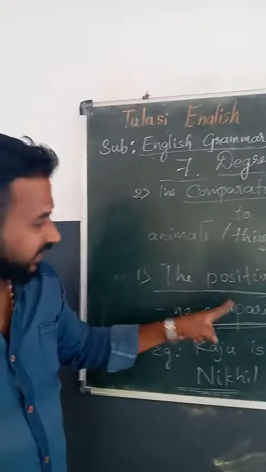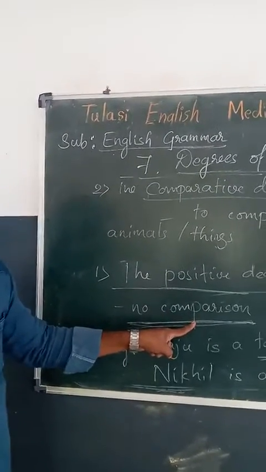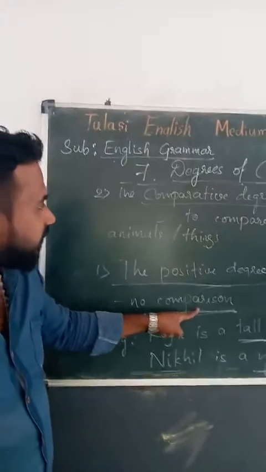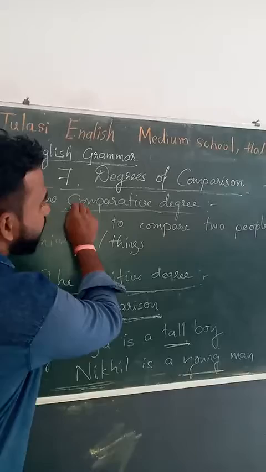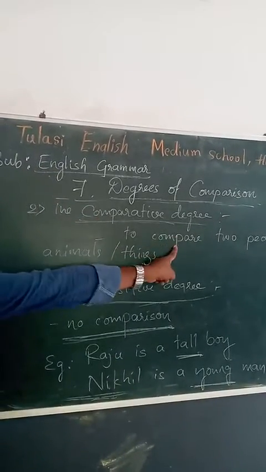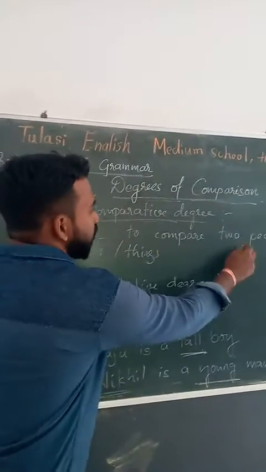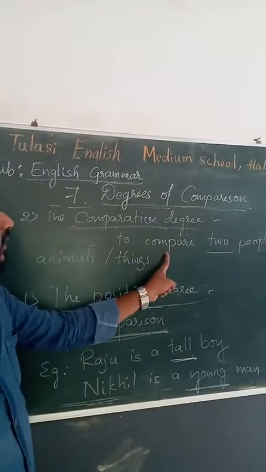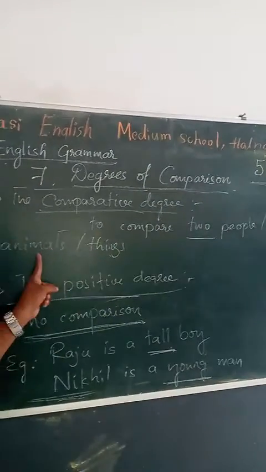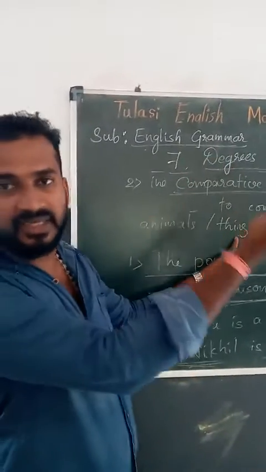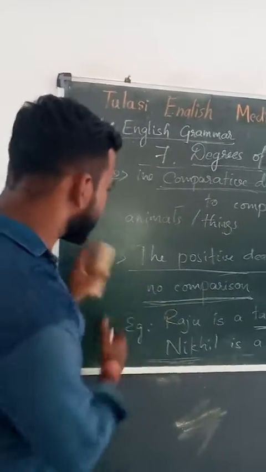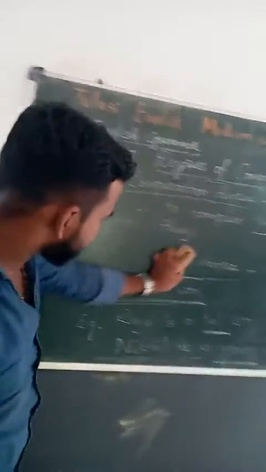In a positive degree, we don't compare with anyone. See, no comparison is involved, but in a comparative degree, the name says comparative. Here we compare with another one. See, to compare two people or animal or things, we compare with another one.